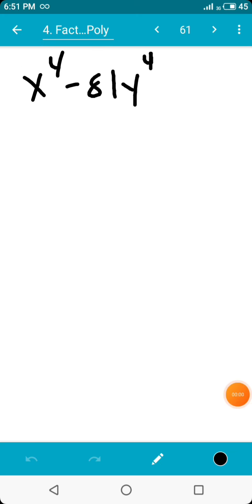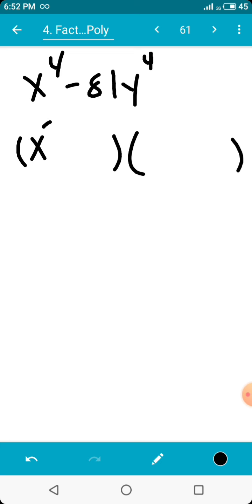Okay, so kunin naman natin yung factors ng x raised to 4 minus 81y raised to 4. Kunin natin yung square root nila. So, yung x raised to 4, that is x squared. And then yung 81, that's 9. And then yung y raised to 4, that is y squared.